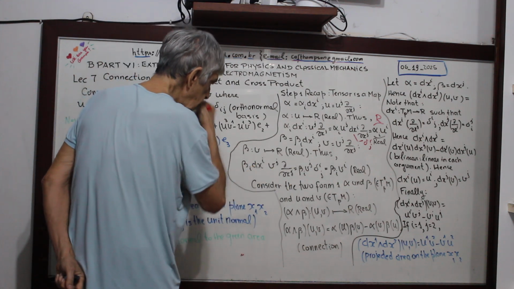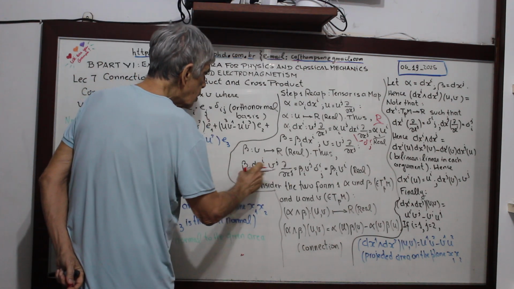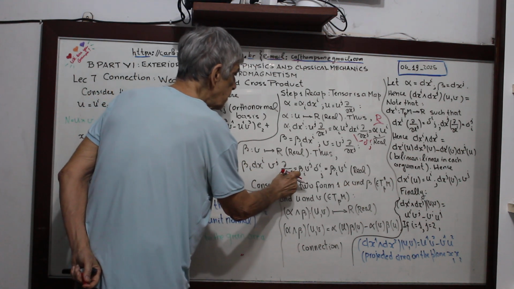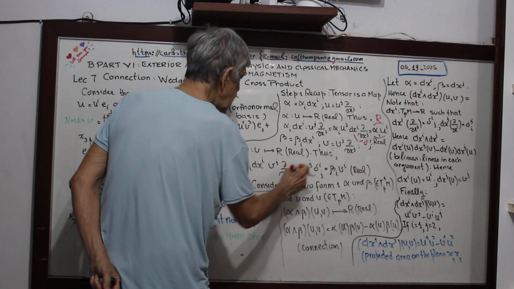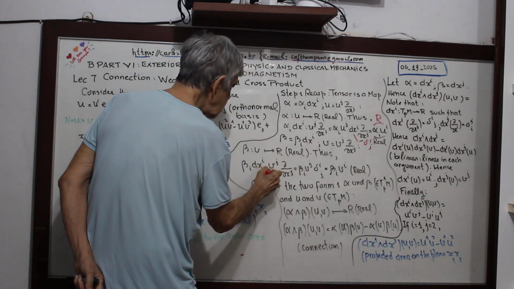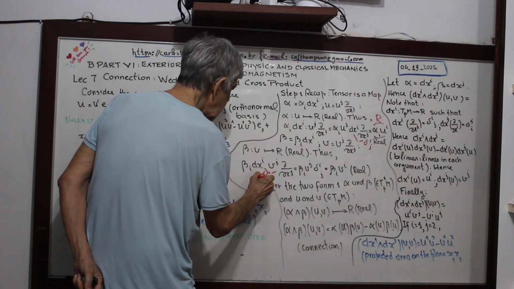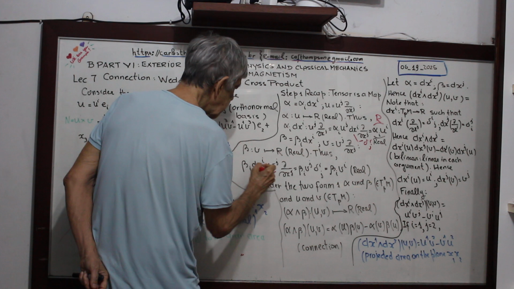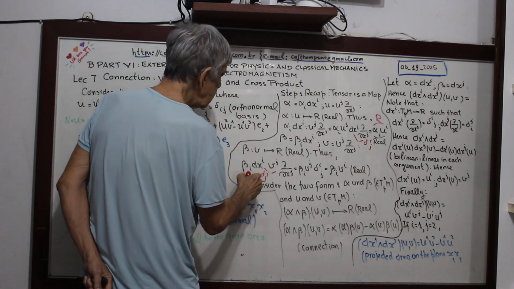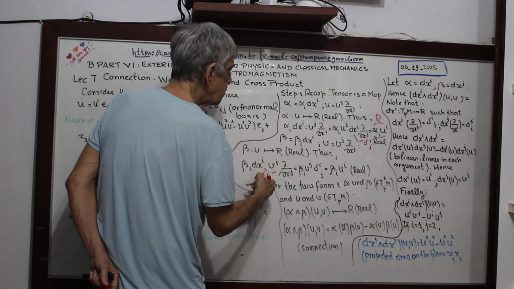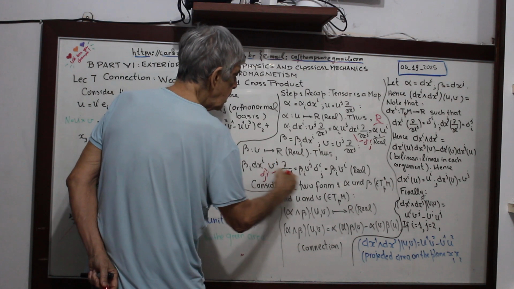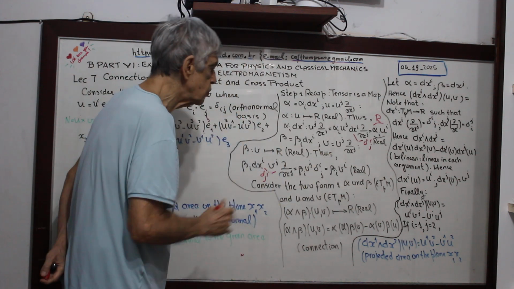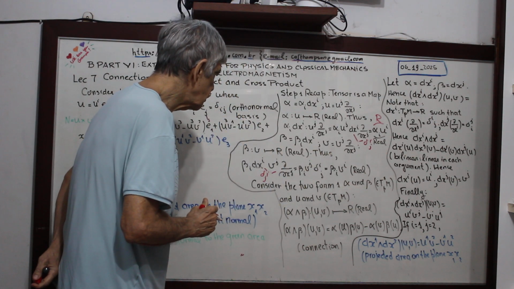Again, b_i V^j dx^i partial x_j gives delta_ij, acting on V^j and giving V^i. This is a real number also, by the definition of a tensor.